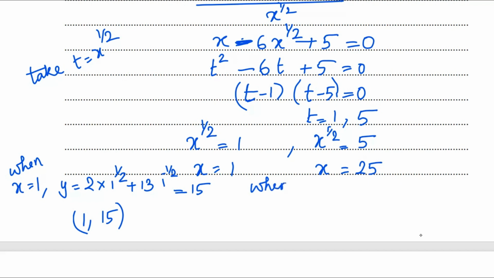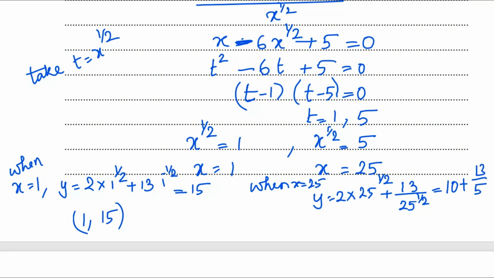When x equal to 25, y is equal to 2 multiplied by 25 power 1/2 plus 13, and I'll write x power 1/2 in the denominator. So 25 power 1/2 is 5, so 2 times 5, which is 10, plus 13 divided by 5.